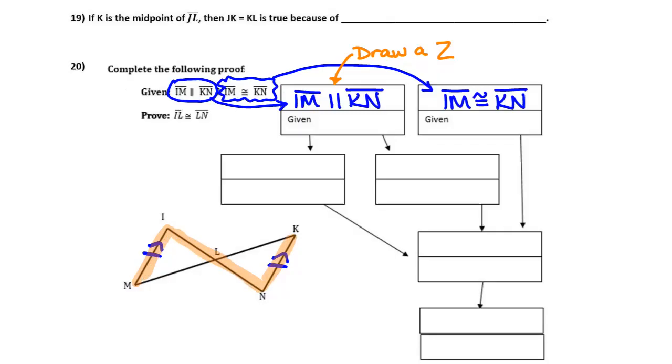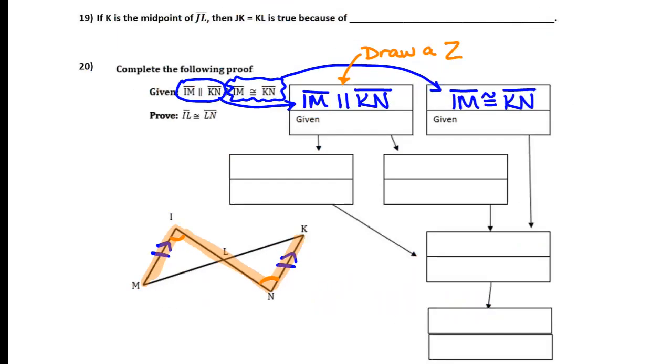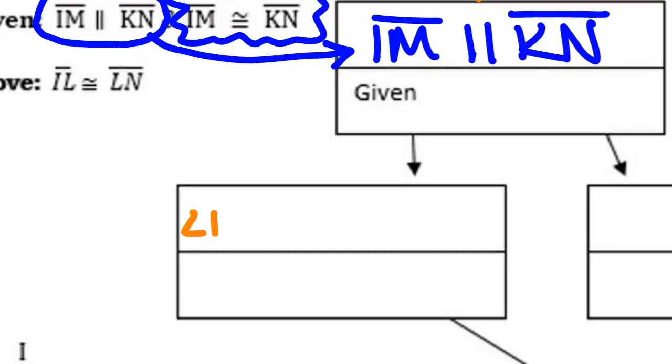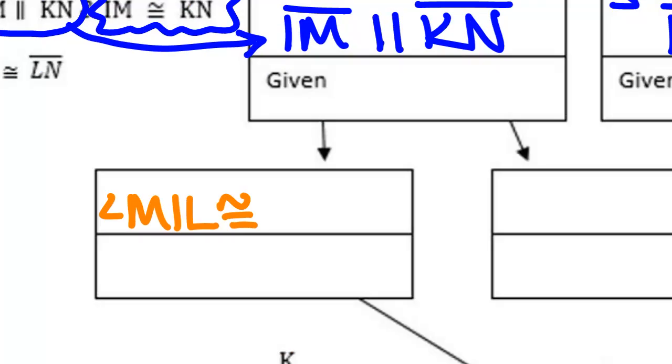So this is one possible Z that I could draw here. And then orange to orange, orange to orange. So angle MIL is congruent to angle KNL.